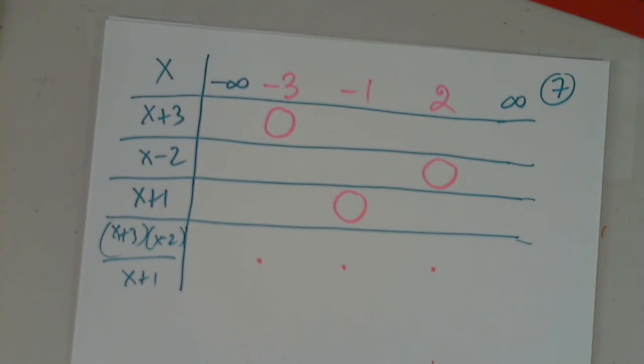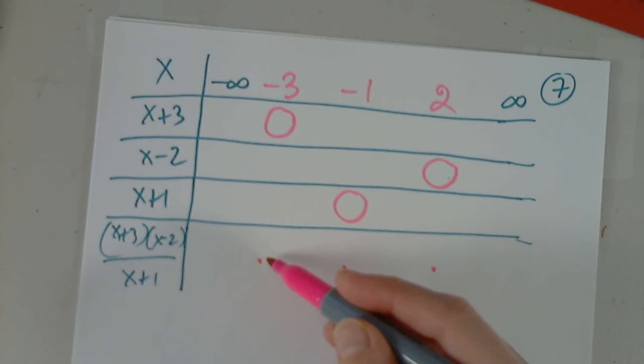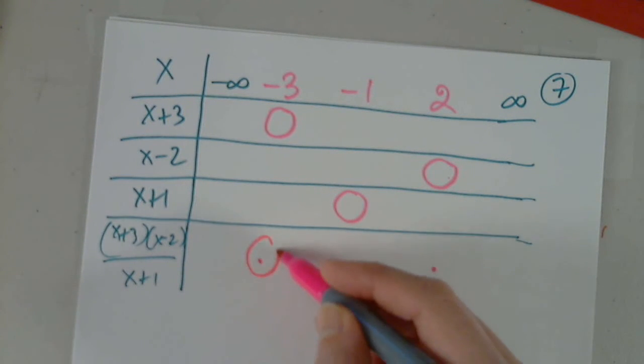And I have to be careful. What do I write under x minus 3, knowing that x plus 3 is at the top? 0. Excellent.